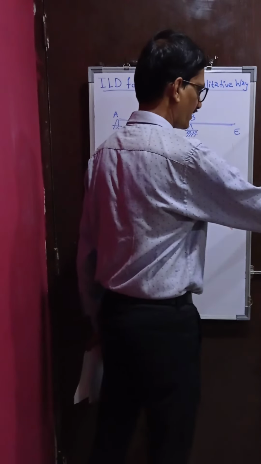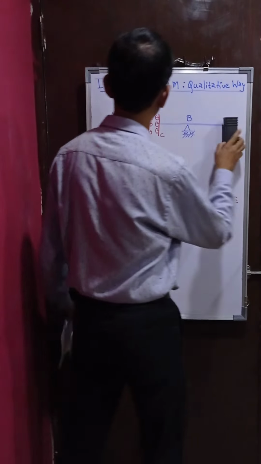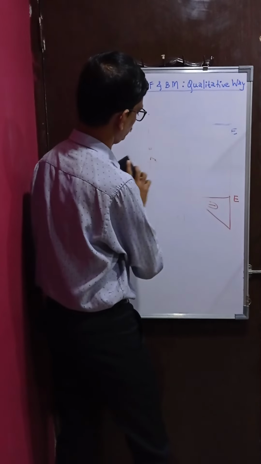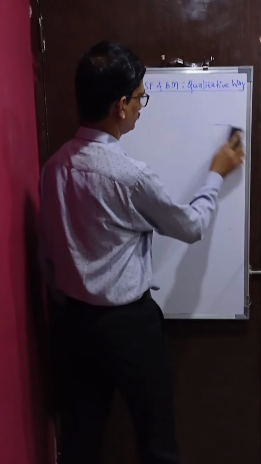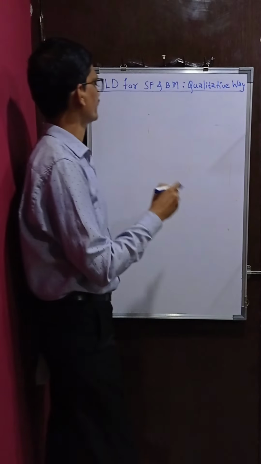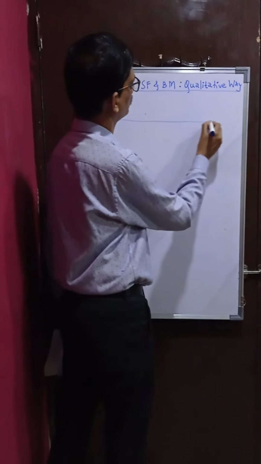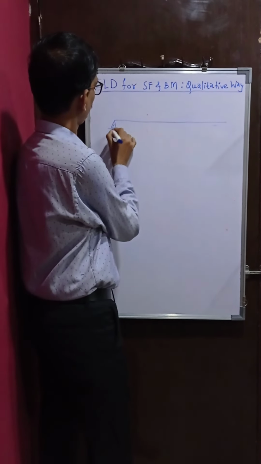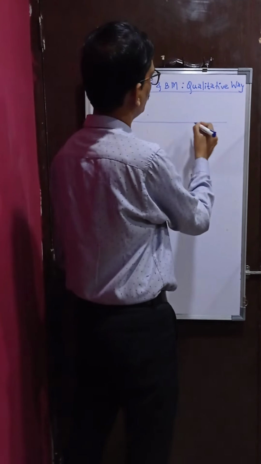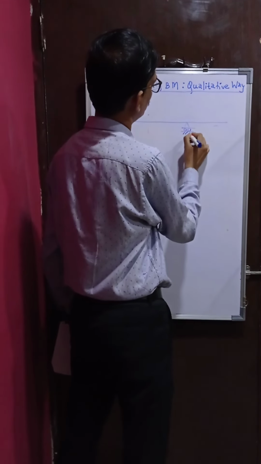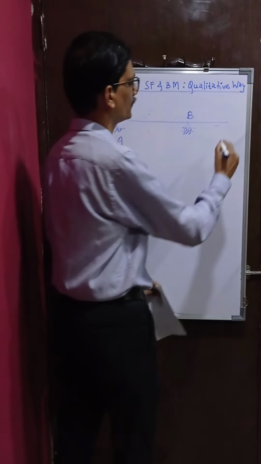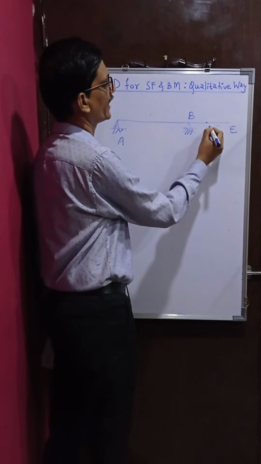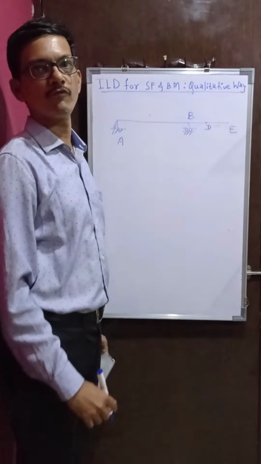Now taking the next example. Again the same overhanging beam I will take, that is A, B is a roller support, and E. But now my intention is to draw influence line diagram for shear force at D, that is influence line diagram for FD.